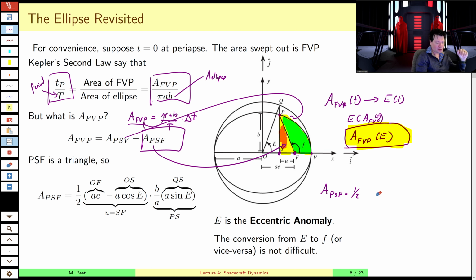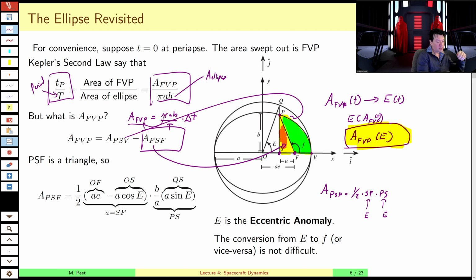So the base is SF, that line SF, and the height is PS. Okay, well, that's progress, but now, of course, what are these two lengths? The goal is to express these in terms of E.